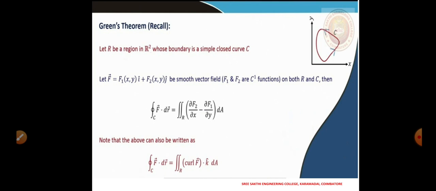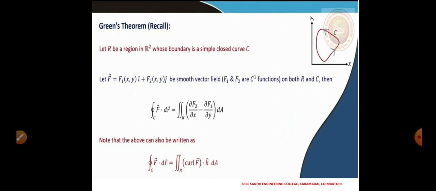So the idea now is that we can generalize Green's theorem with this form of the equation to higher dimensions. Here Green's theorem is stated for R squared, for a plane. So here we have the region in R squared, and this curl was also in R squared.